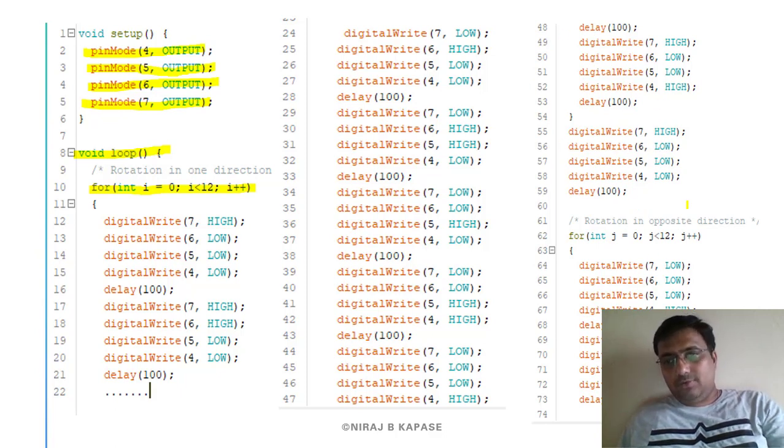For the reverse rotation, we need to give another signal like low, low, low, high, and so on in the opposite direction. So there are 12 step sequences we are passing, and depending on that it rotates. Okay, so this is about the programming interface of the stepper motor, about stepper motor interfacing.